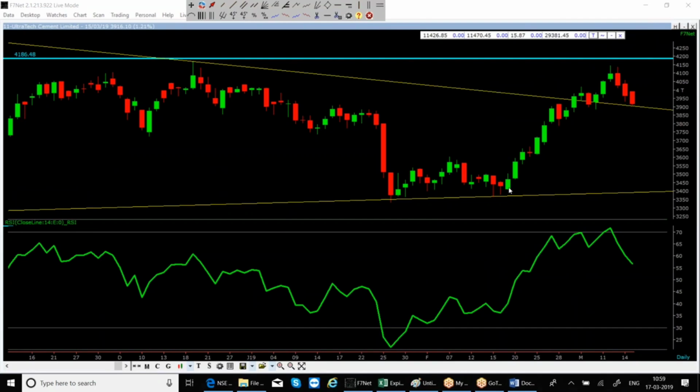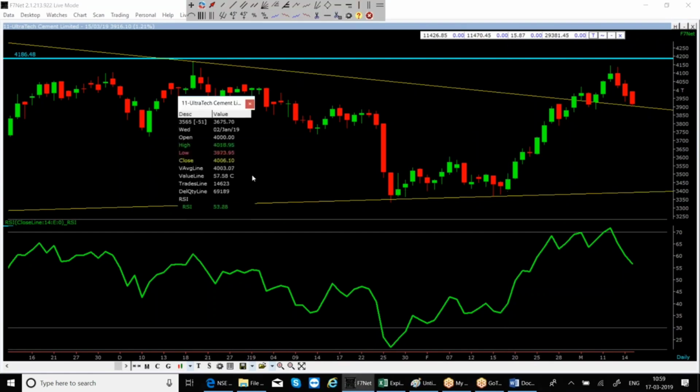Everybody has seen the charts. Wherever I put my cursor on that day, this is the open, this is the high, this is the low, this is the close. Is it day chart? This is daily chart. Here it is mentioned as a daily chart.